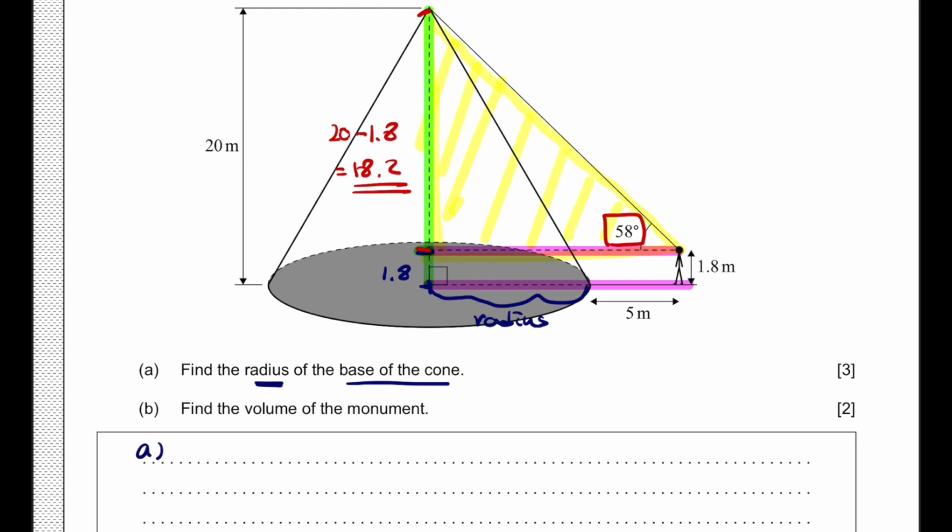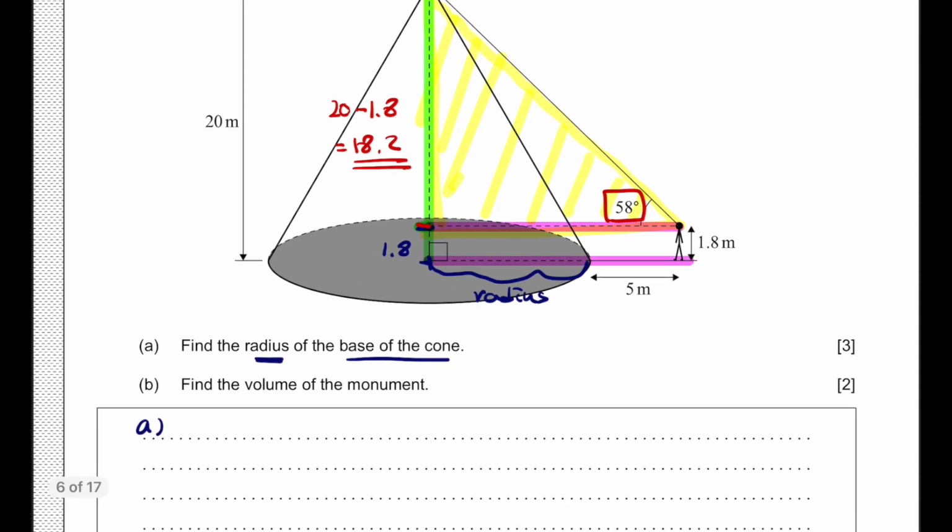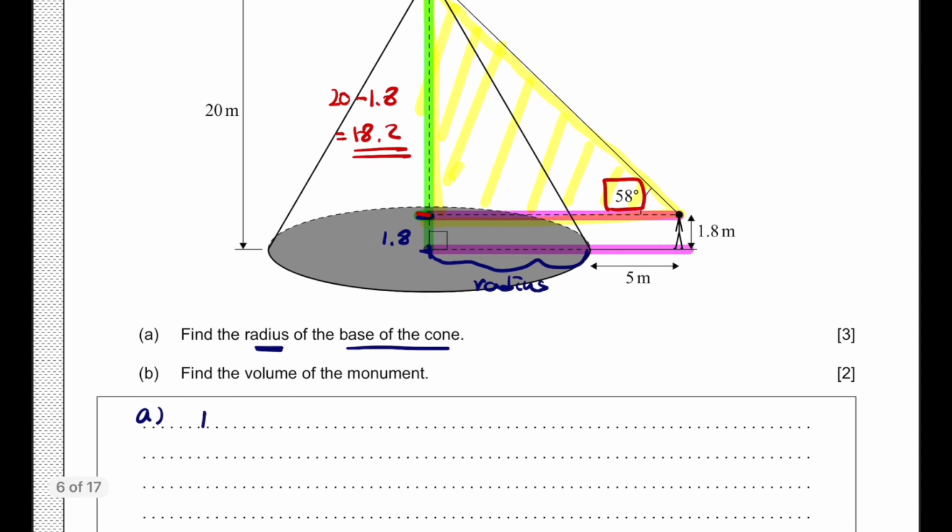So let's redraw this triangle. We have a right angled triangle, and we know that this angle here is 58 degrees. The length between this vertex and this point here is 18.2.